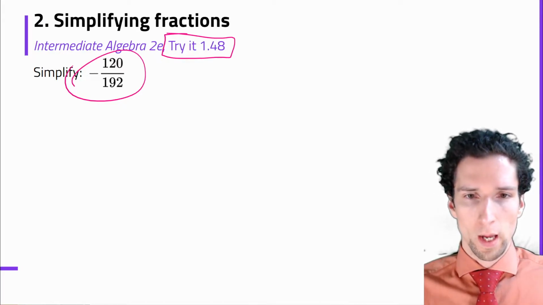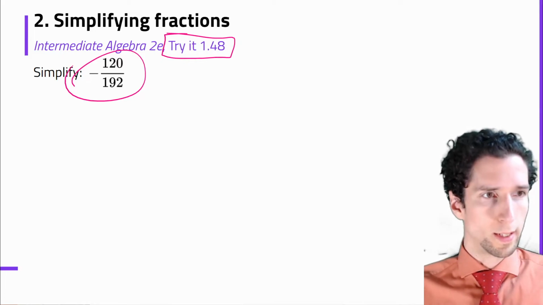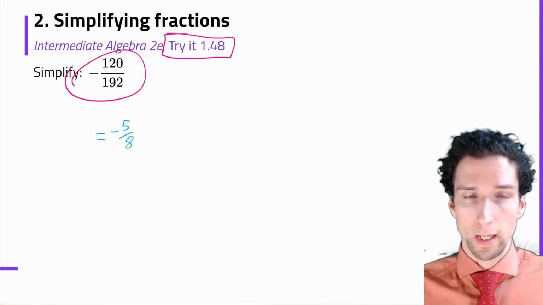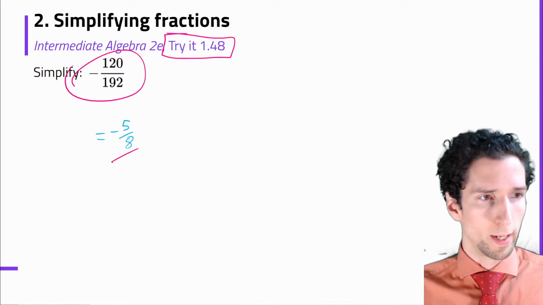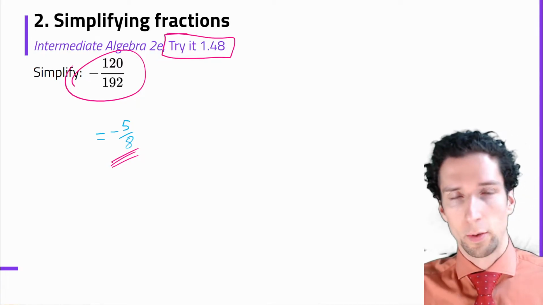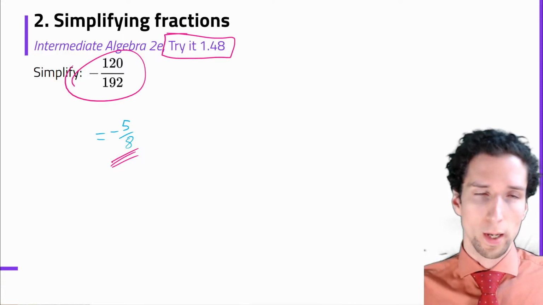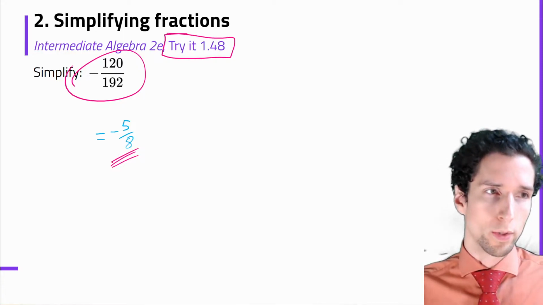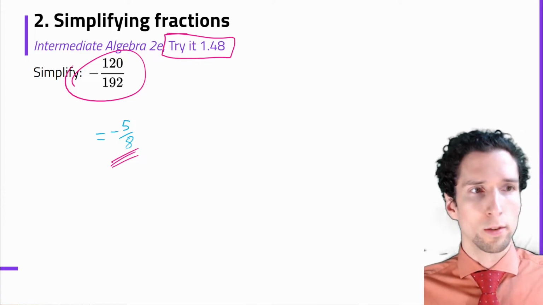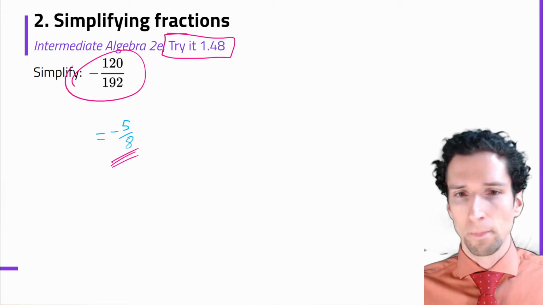Okay, the answer that I got for this one was -5/8. Hopefully you got the same number that I did. If you didn't, try the question again, or pause or go back and re-watch those examples in the process and check your work on that.